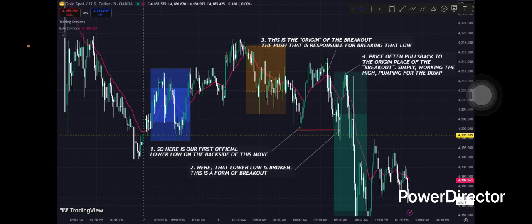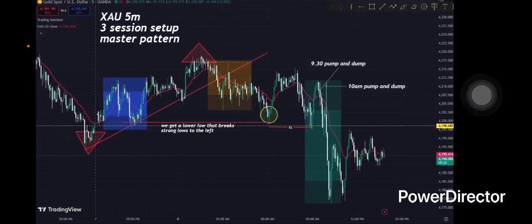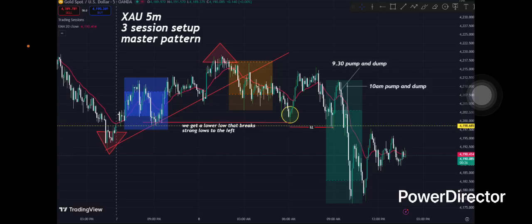So I hope that that makes sense for you. This was a very well-engineered chart. Technically speaking, on a day like this, a Monday, it doesn't really matter what day it is, right? But you can be using this master pattern, okay? Sometimes we use it over the course of 3 days.